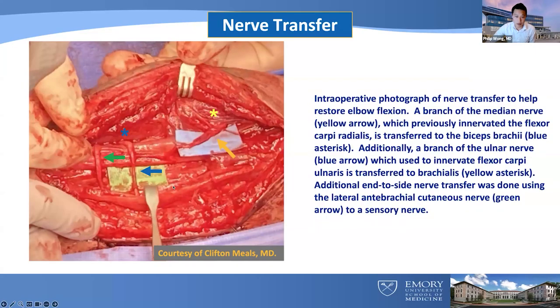And then an example of nerve transfers to help restore elbow flexion. They can take branches of the median nerve, which previously innervated flexor carpi radialis, and transfer it to the biceps. You can do the same with a branch of the ulnar nerve and transfer it to brachialis to help restore elbow function, which is one of the main goals of these nerve transfer surgeries.